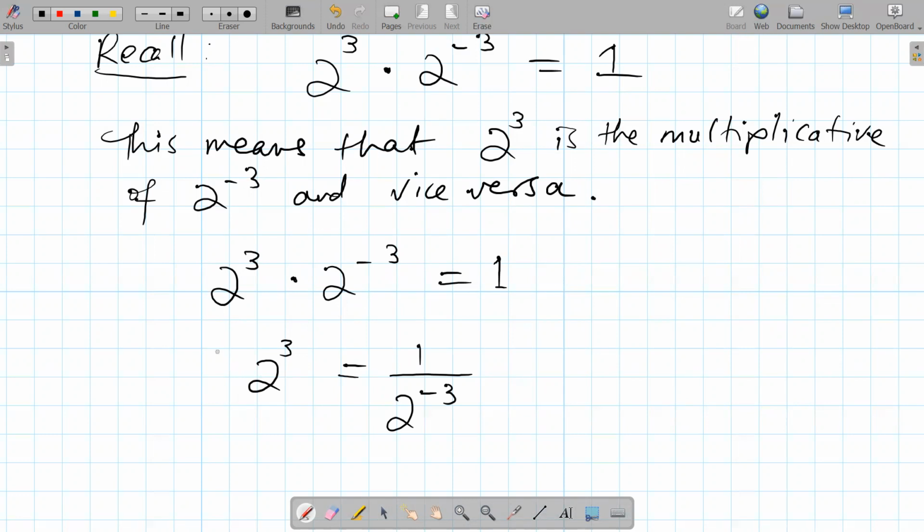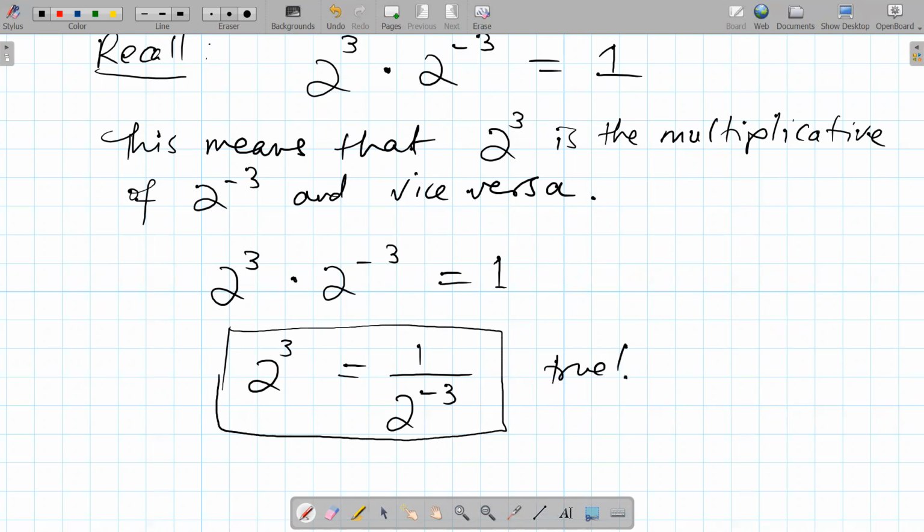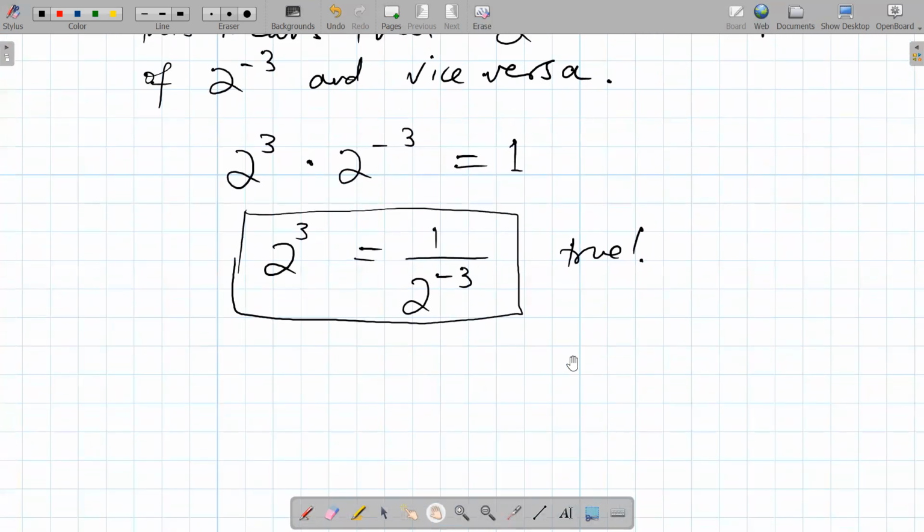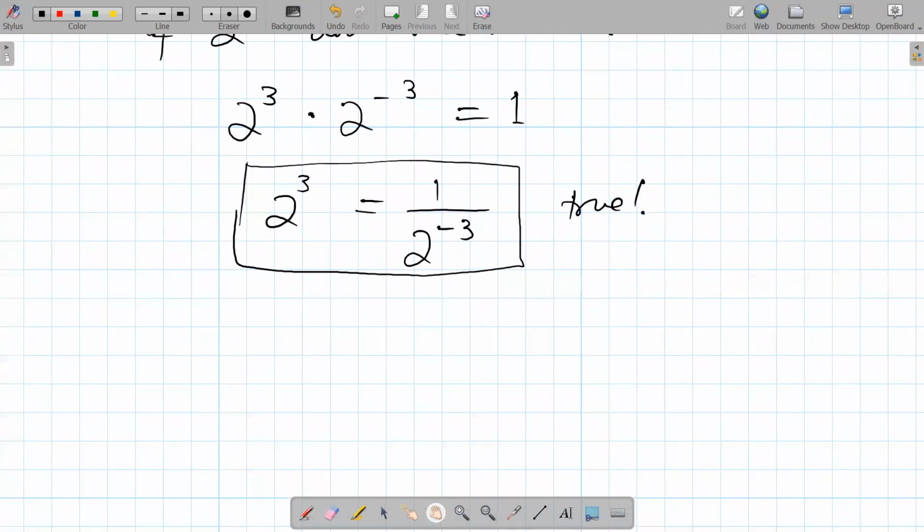So this is always true. I can equally divide both sides by 2 to the power 3. Okay. So let me put it this way.